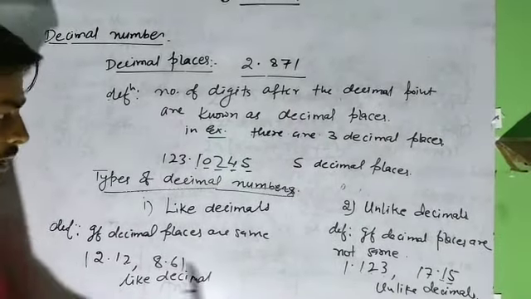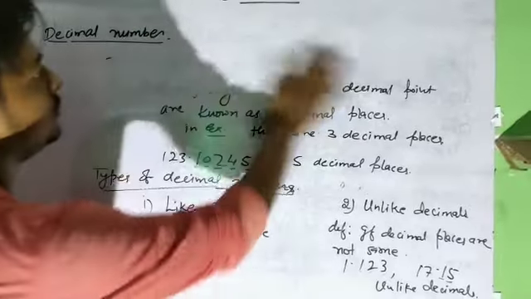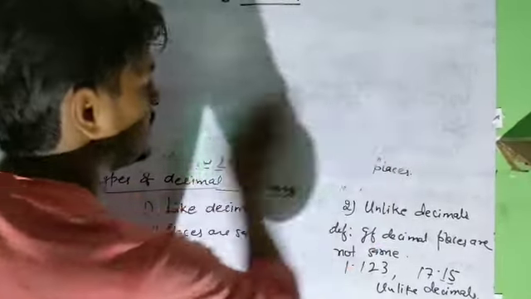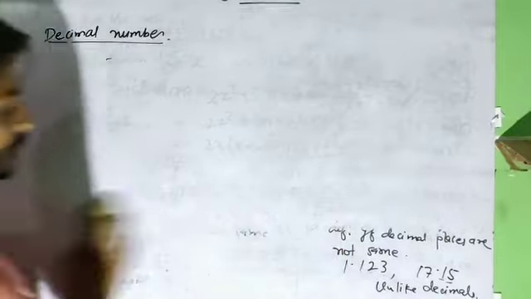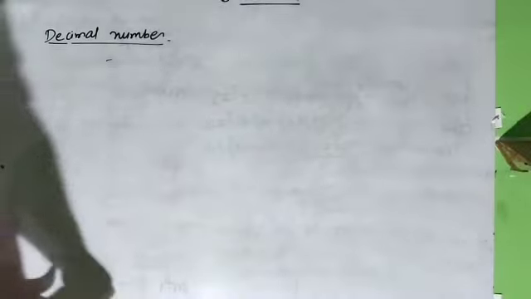Now this is like decimal, unlike decimal. So after these definitions, we will move towards the very important points.